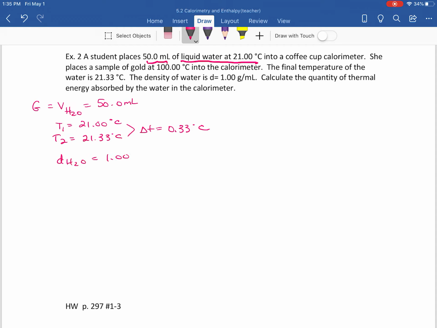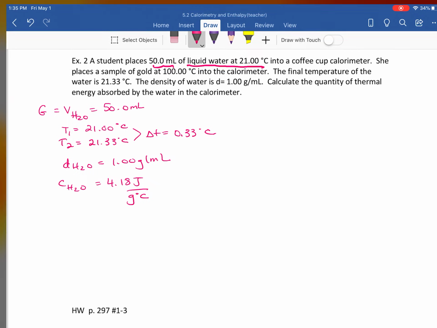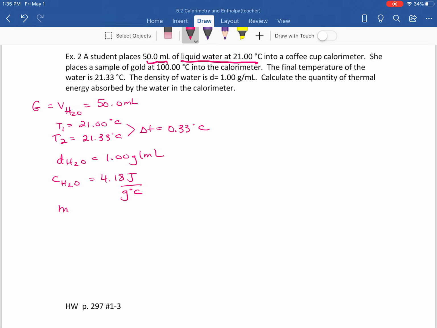We know my density of water is 1 gram per mL. We also know the specific heat capacity of water is 4.18 joules per gram degrees Celsius. We are going to assume at this stage that the mass of water is 50 grams, because don't forget, density of water is 1 gram per mL.